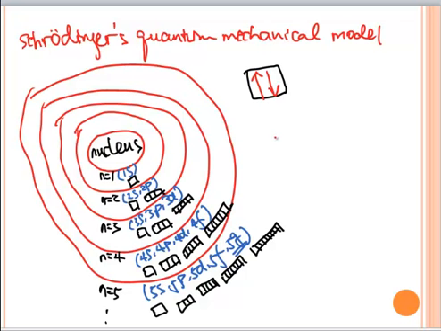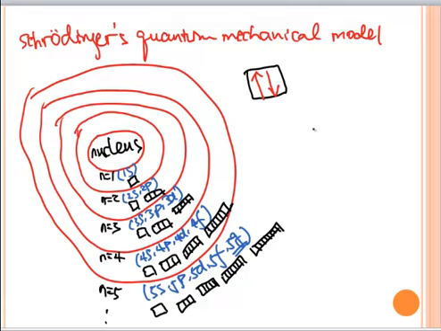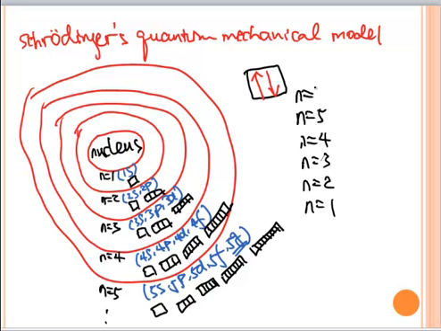Also, for the Aufbau principle, we have to arrange them from the bottom up. And remember, the sequence where we want to do it is n equals 1, n equals 2, n equals 3, n equals 4, n equals 5, n equals 6, n equals 7.